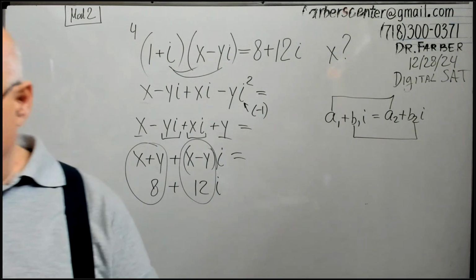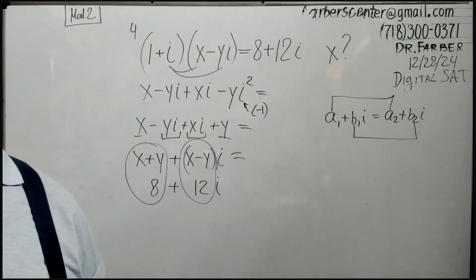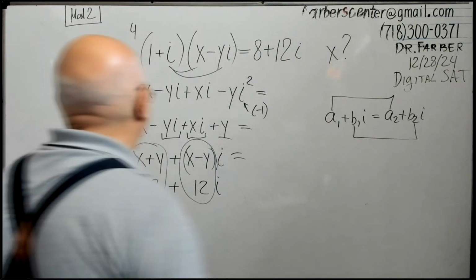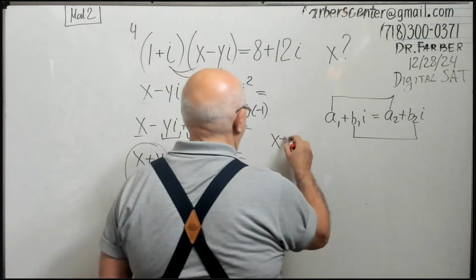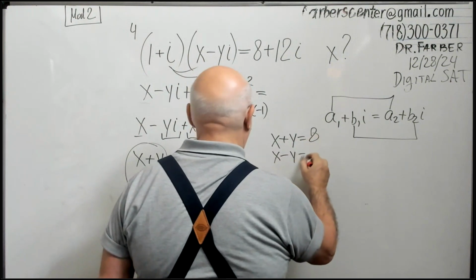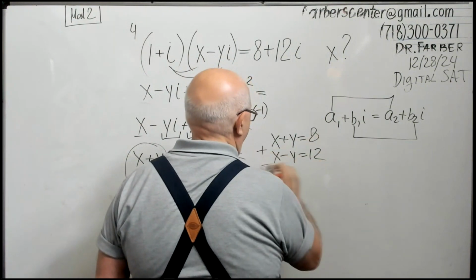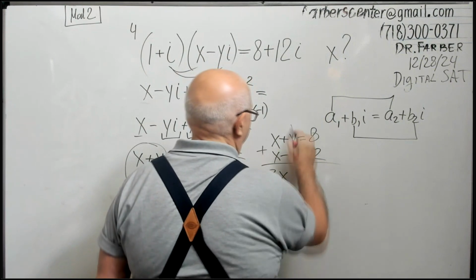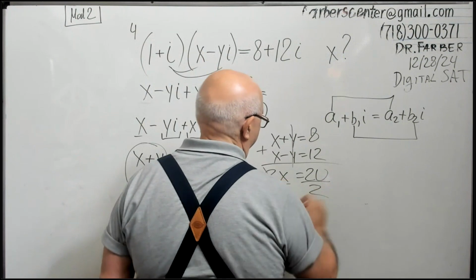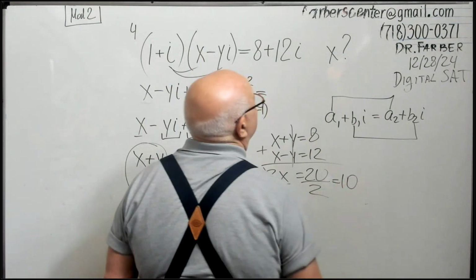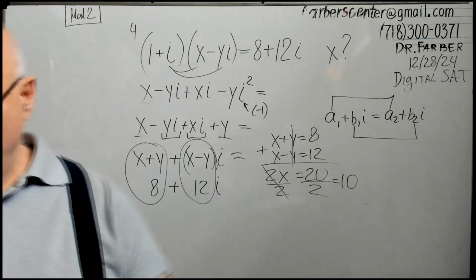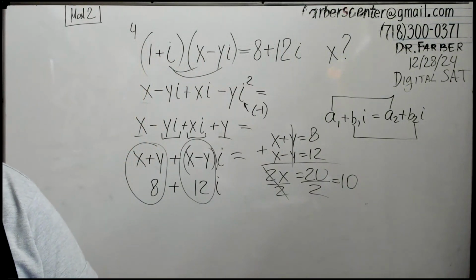Who understands up to this point? Any questions? So you have a system of equations. x plus y equals 8, x minus y equals 12. Add them up, the 2 y's cancel out, 2x equals 20, and divide by 2, x equals 10. Any questions? Comparison of complex numbers.